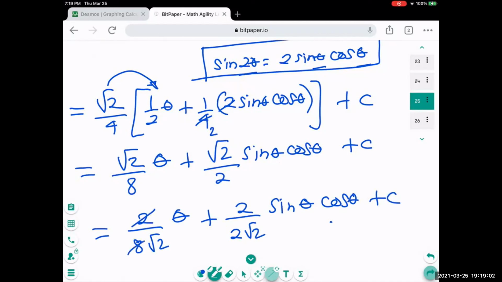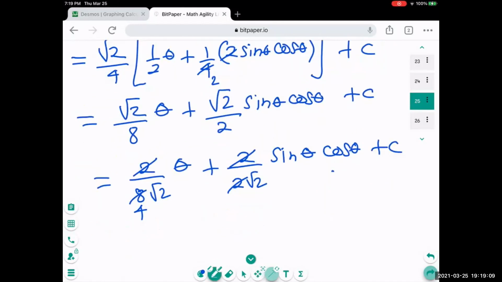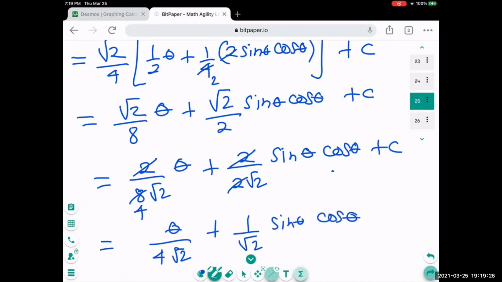So this is 4, and this 1 is canceled out. Our favorite part in math is to cancel out stuff. So this is theta over 4 square root of 2 plus 1 over square root of 2 sine theta cosine theta plus c.